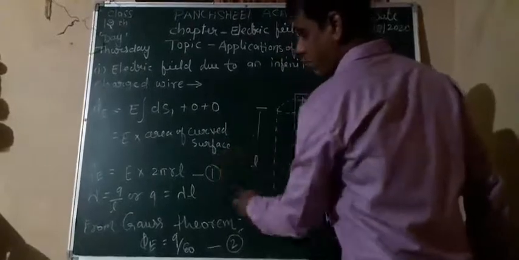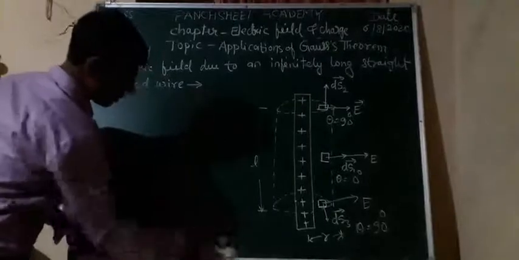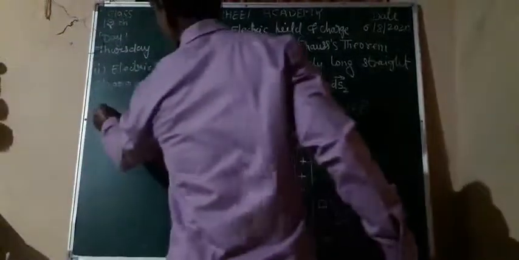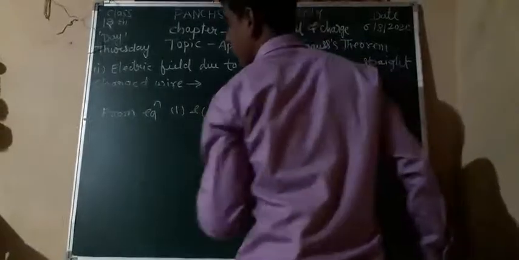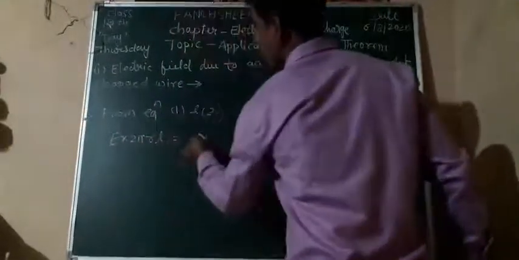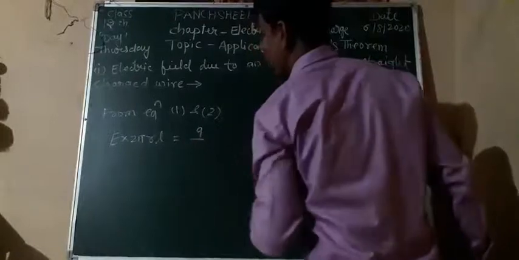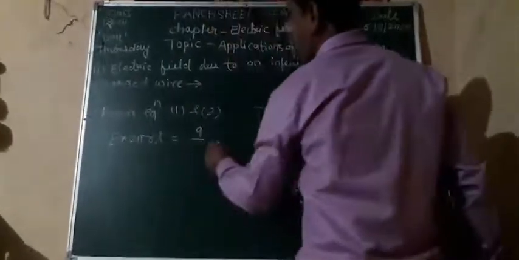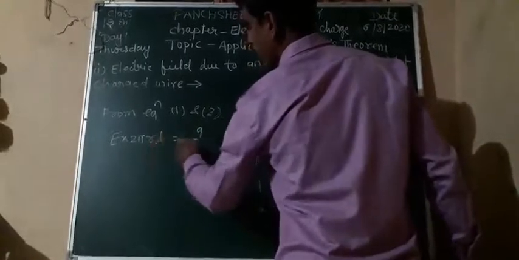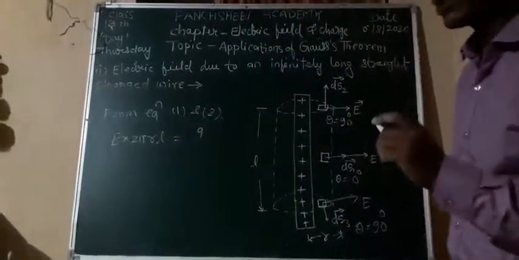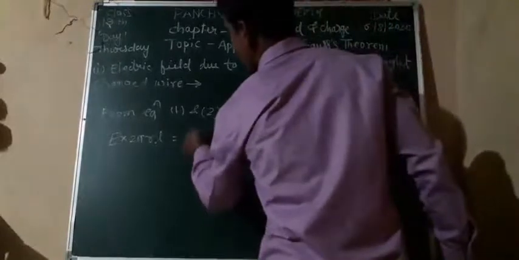So from equation first and second, LHS both are same. So we write, from equation first and second, E into 2 pi RL equal to Q by epsilon naught.